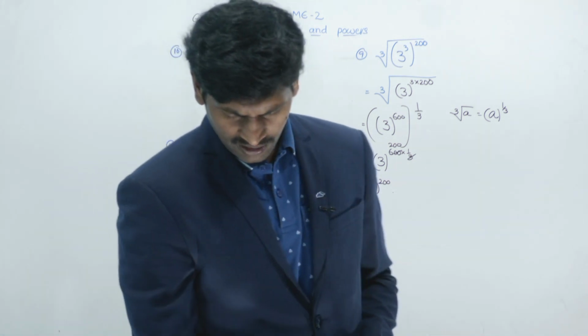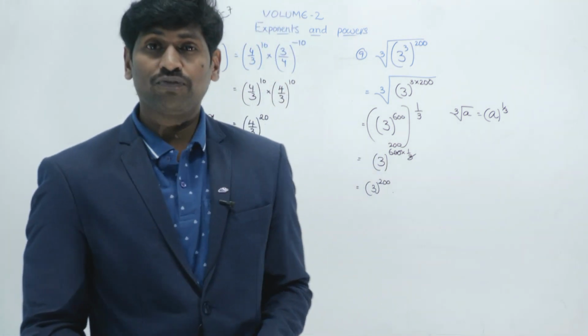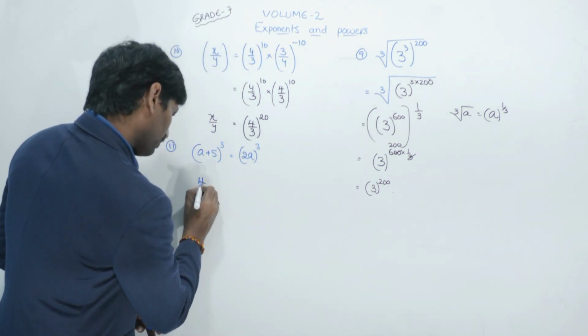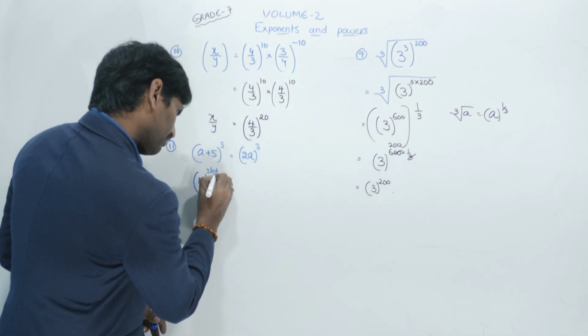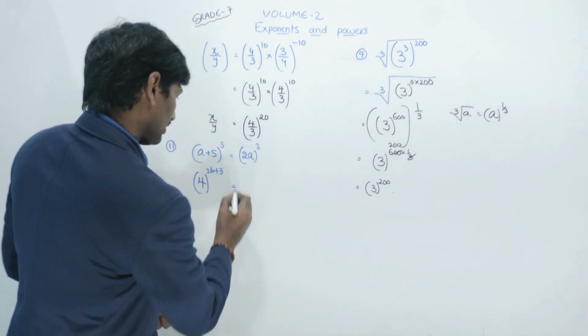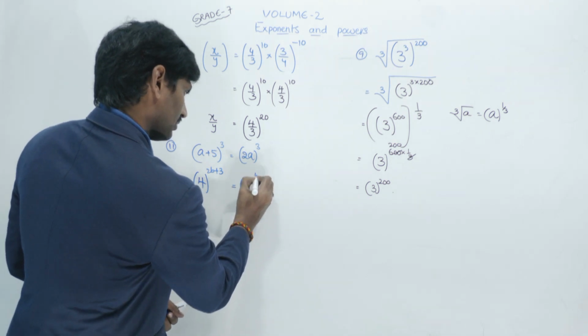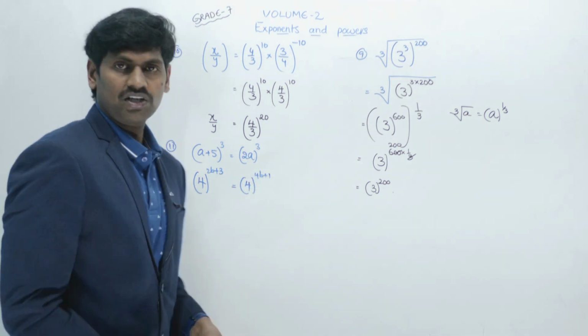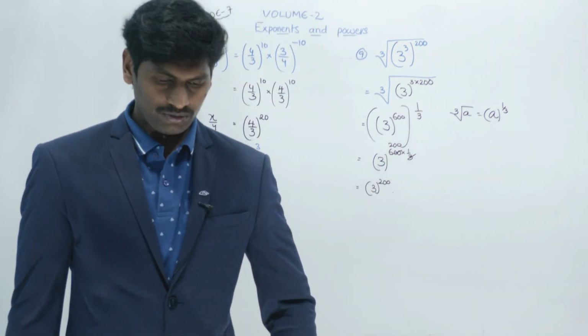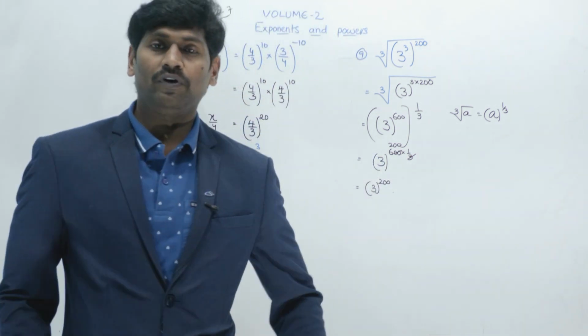And one more condition is also given, that is 4 power 2b plus 3 is equal to 4 power 4b plus 1. Then we need to find a power b plus b power a value.